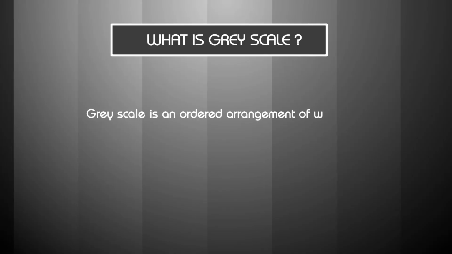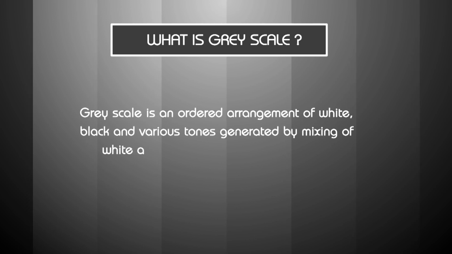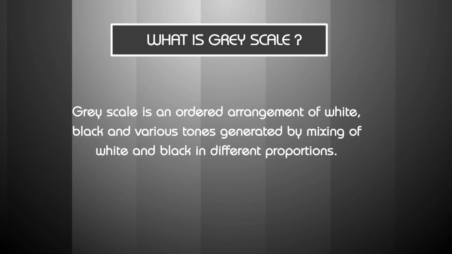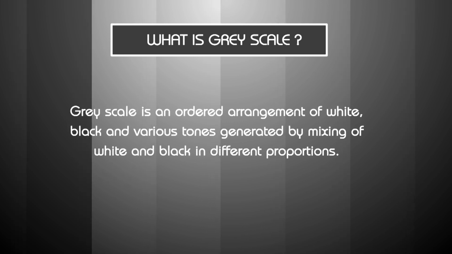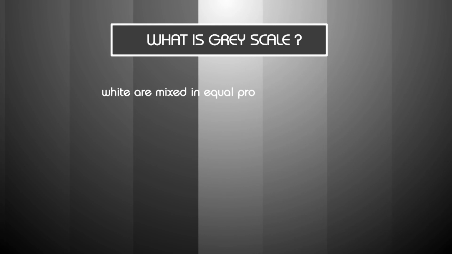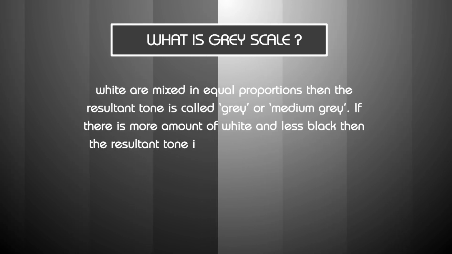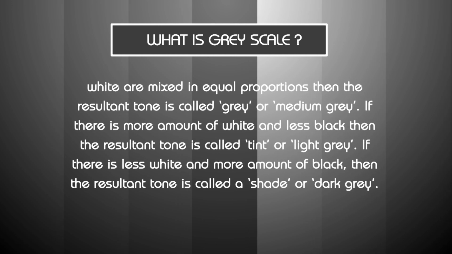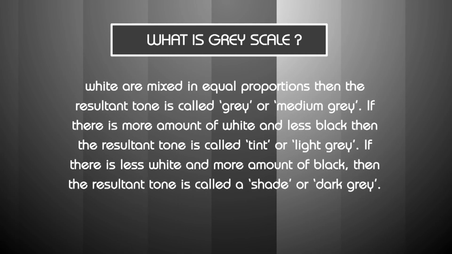What is grayscale? Grayscale is an ordered arrangement of white, black and various tones generated by mixing of white and black in different proportions. When black and white are mixed in equal proportions, then the resultant tone is called grey or medium grey.